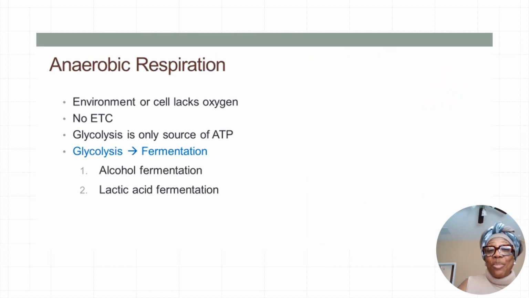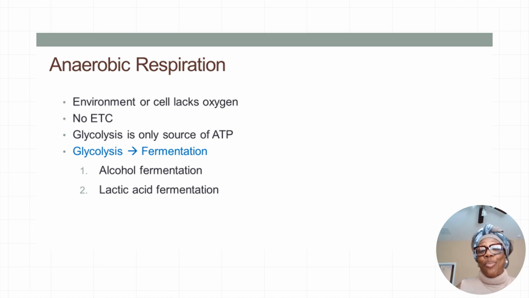So in anaerobic respiration, in other words, no oxygen is required. There's also no electron transport chain. That's what ETC stands for. Because remember, we have the first step of synthesis of acetyl-CoA, then we move to the Krebs cycle, then we end up with the electron transport chain where electrons are being donated and accepted.